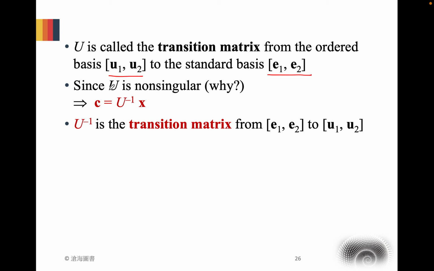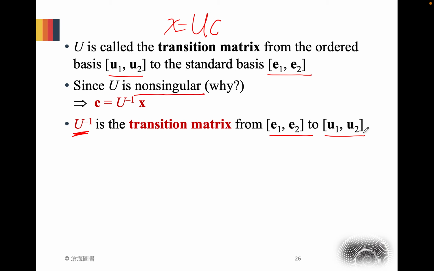And because U is non-singular, it is invertible. Therefore, because now we know x is equal to U times c, c is equal to U inverse times x, right? And in fact, U inverse is the transition matrix from E1, E2 to U1, U2.